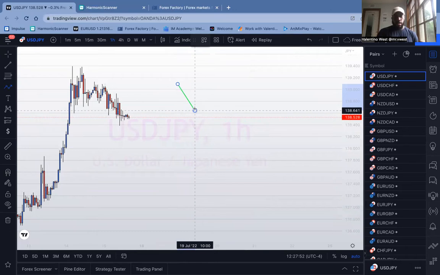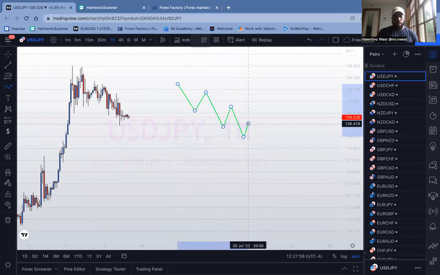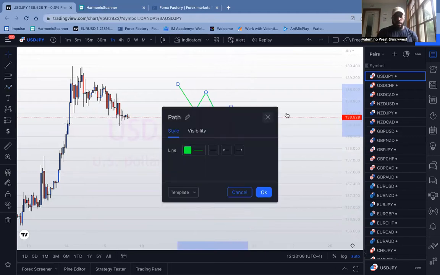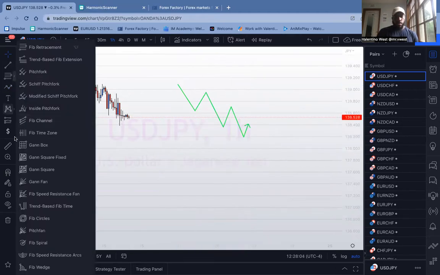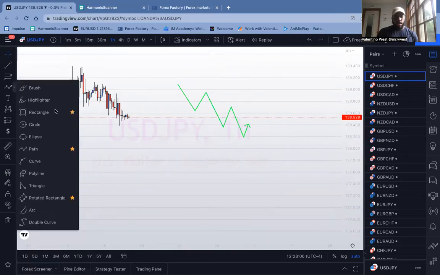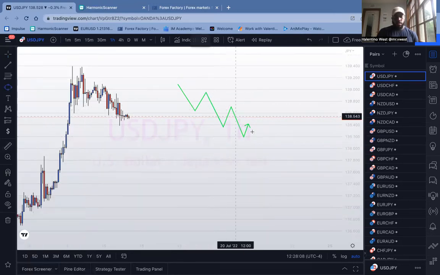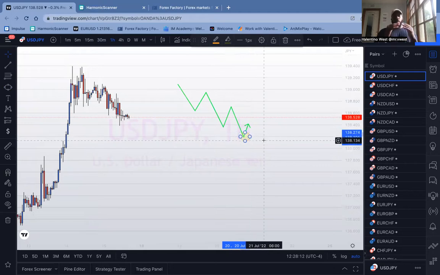But let's say, again, we have this market moving. Now, again, we want to take it from, this is our low point, because when we're in a downtrend and we're looking for a sell, we fib from high to low.